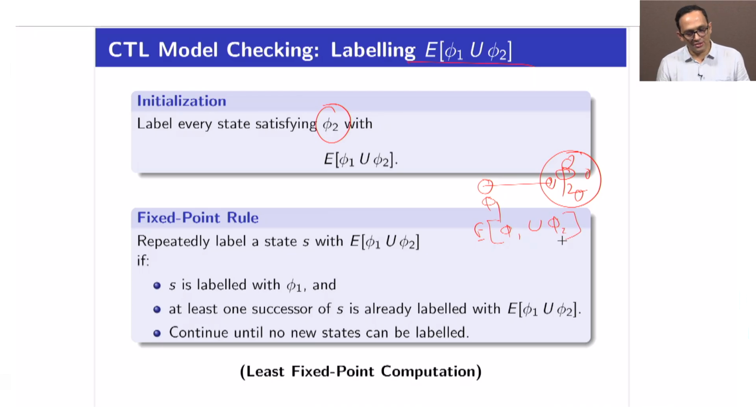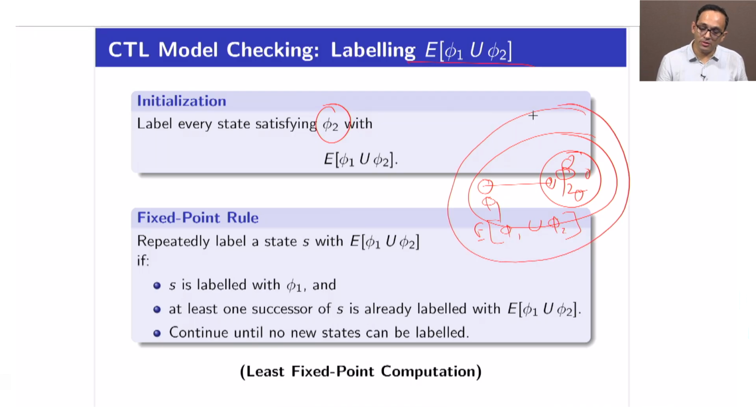This we have already discussed. This way I include this node into the set and so on, and I continue until I am not able to include any further nodes, and that is my least fixed point. Again, I have to prove that this contains all the states where E phi 1 until phi 2 holds, and that there are no further states where this can hold, right? That is the correctness proof we have to show, okay.